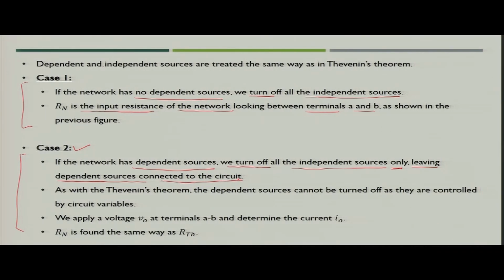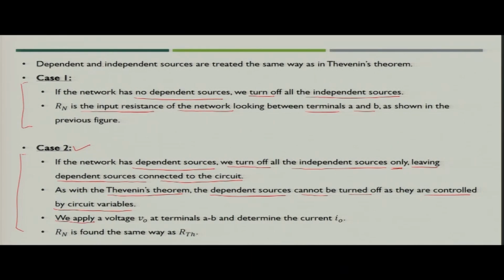As we discussed previously with Thevenin's theorem, the dependent sources cannot be turned off as they are controlled by the circuit variables. Since we have this dependency, we cannot remove them from the circuit, and we analyze the circuit for the Norton's equivalent by keeping the dependent sources connected.